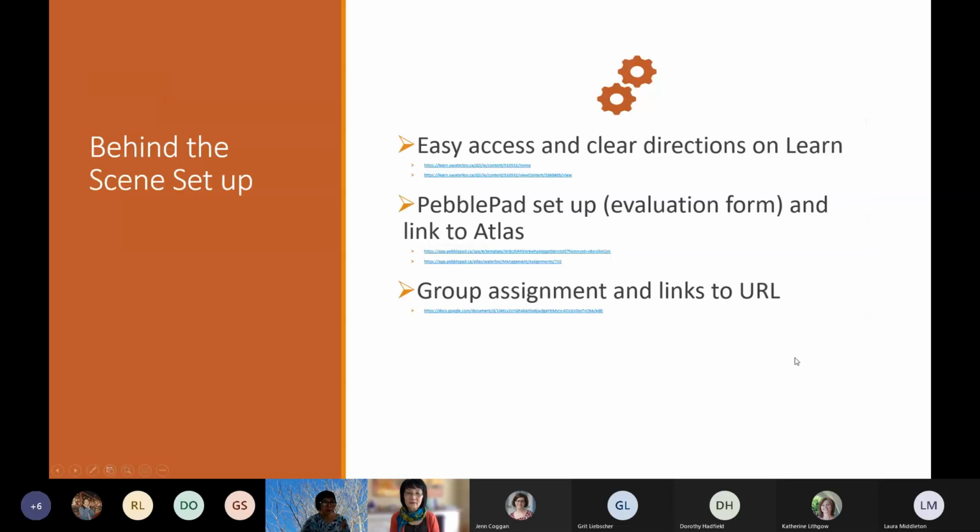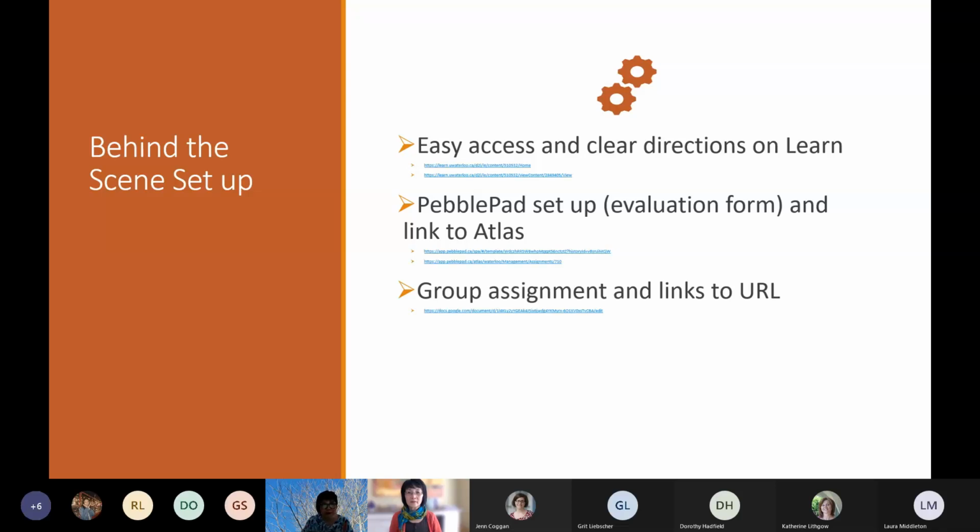So about behind the scenes setup, I think the other two presenters talk about it as well. When I started, I thought it's very important that all the links to different materials be very easy for students to access, and there needs to be very clear directions on Learn for students to follow. So in the first week, we invited Victoria to our on-campus class, and she did quite a bit of explanation and instruction for students, and also showed them how to find all the information on Learn.